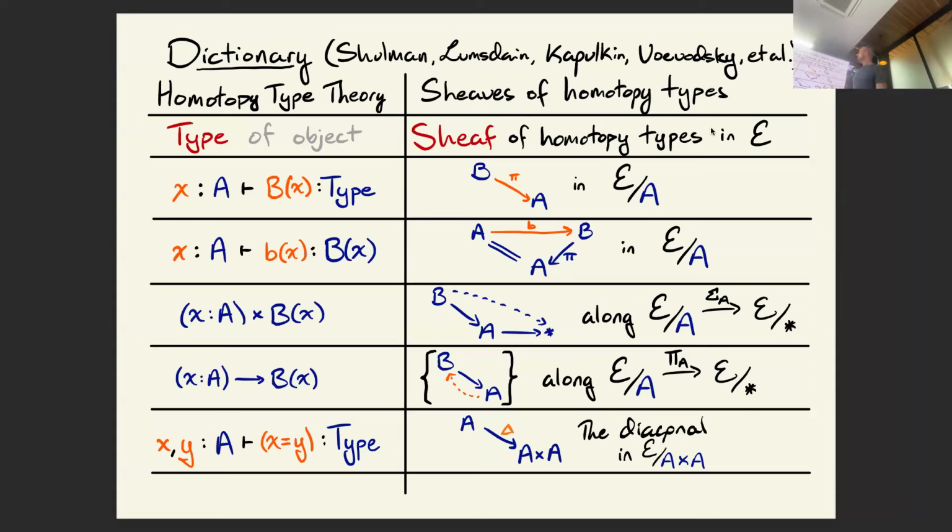And therefore, we wouldn't be taking the diagonal, but we would be taking a fibrant replacement of the diagonal, which would be a path object. And that is where we end up with the extra homotopy of our homotopy type theory. These identities form a path object in the model categorical presentation of these sheaves of homotopy types. And that goes very deep. In fact, there's a deep relationship between identity types and model structures.